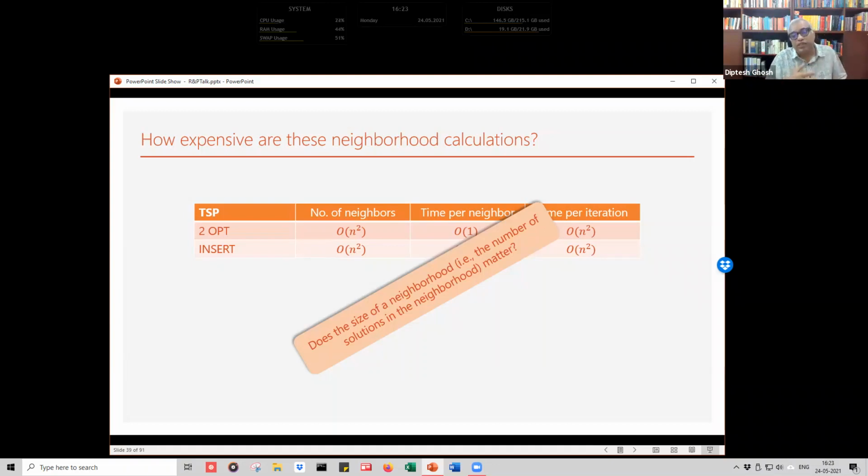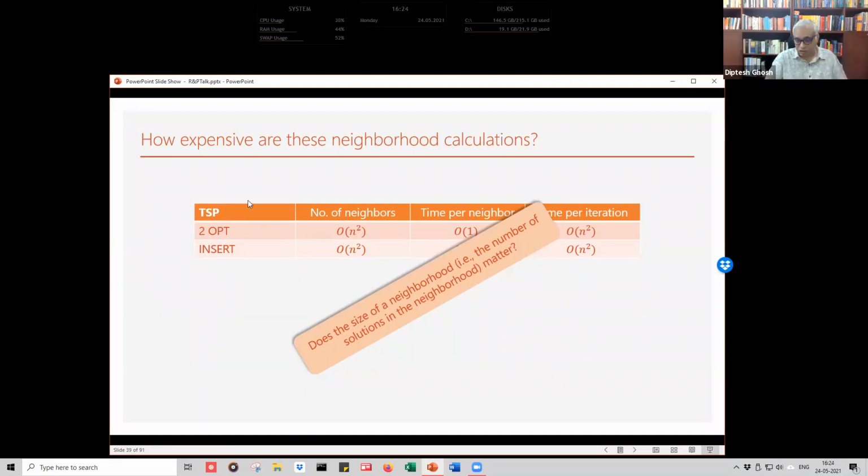On the flip side, a large number of neighbors requires more time to compute all the solutions in the neighborhood and find the best neighbor. So the question is, does the size of a neighborhood matter? The answer is yes, it matters, provided you have a quick and easy way of computing the neighborhood and finding the best solution.